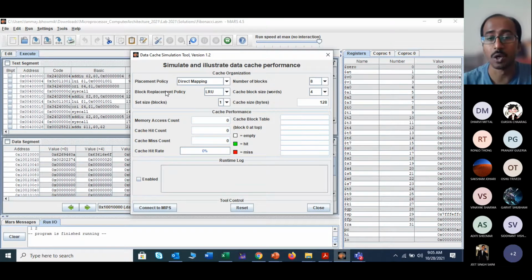What should be the logic behind it? All of these things we can discuss. Whenever you take this simulator and connect it to MIPS, and then run this program again, you will see the results.